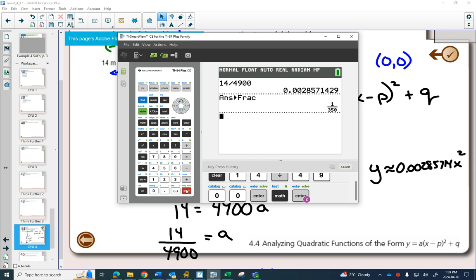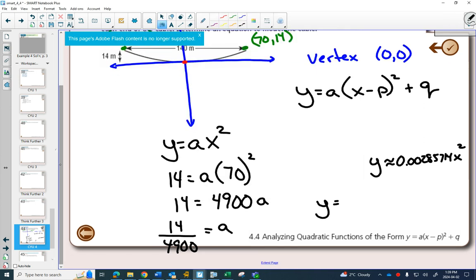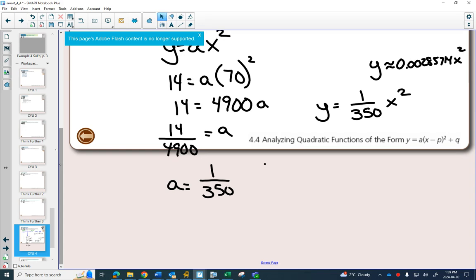So I took my answer, I changed it back to a fraction, and I now know that the exact answer, maybe I'll write here below, and this becomes a model for that bridge.